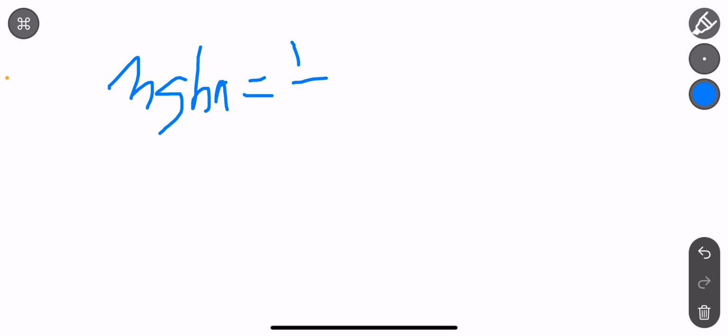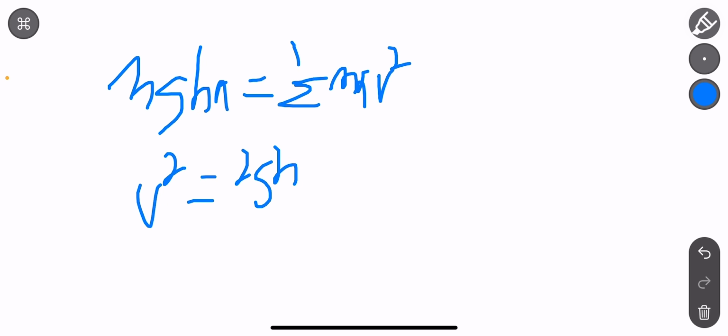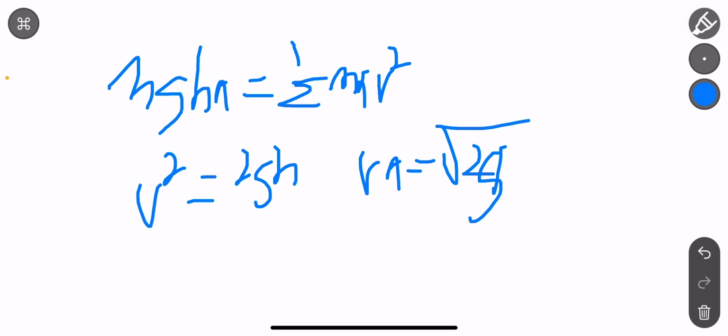So here we go. We have mgh equals 1/2 MA V squared. Now we know V squared is equal to 2gh, and we have VA is equal to the square root of 2gh, that's the height. So now that we have that, we can work with MA, the first ball that we had.